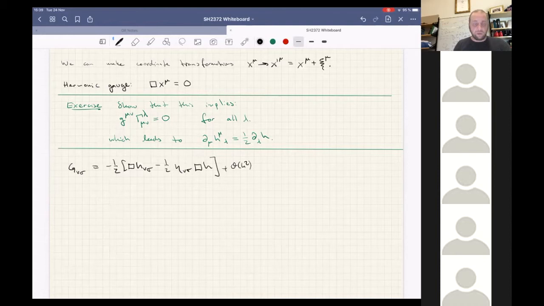And according to Einstein's field equations, this should be equal to 8 pi multiplied by Newton's constant times T_{nu sigma}.